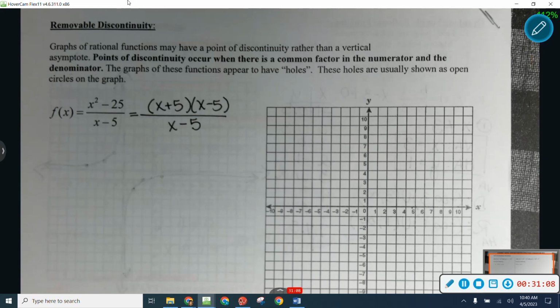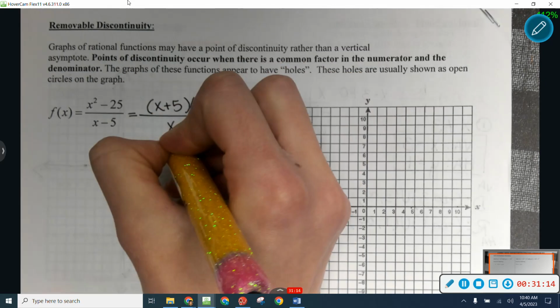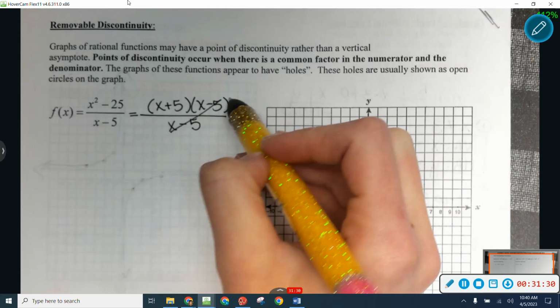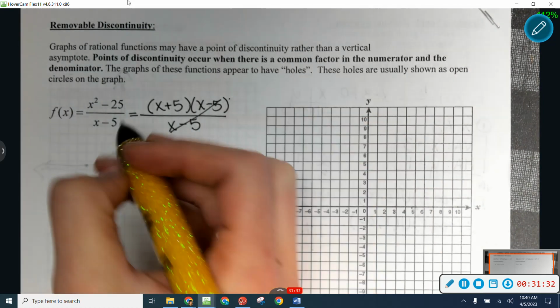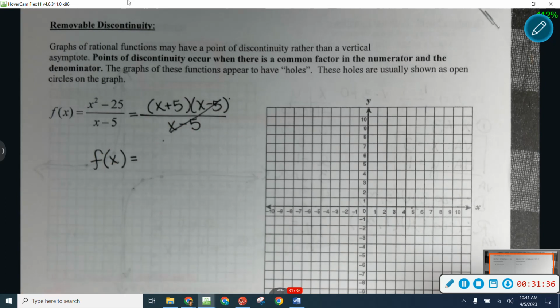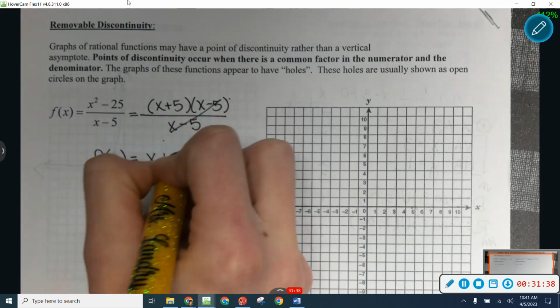So what do you recognize when I put it in factored form? Those x minus 5 factors cancel out. That's your removable discontinuity, or point of discontinuity. So instead of having a vertical asymptote here, it's the removable discontinuity that factored and canceled. And so my simplified form is f of x equals just x plus 5.